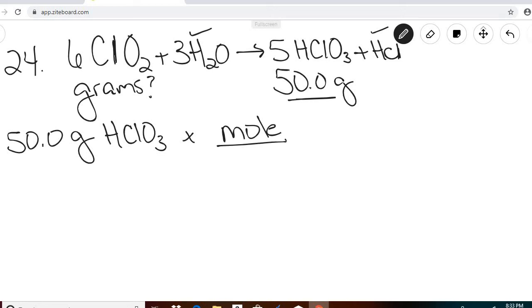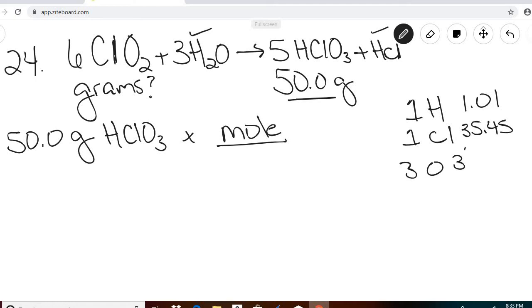For H, we have 1 hydrogen, 1 chlorine, and 3 oxygens: 1.01, the chlorine is 35.45, and 3 oxygens that are 16 each. So that tells us that for this compound, 1 mole is 84.46 grams.